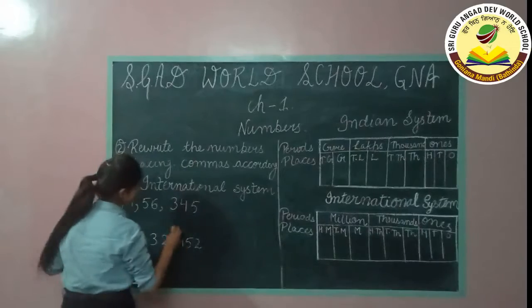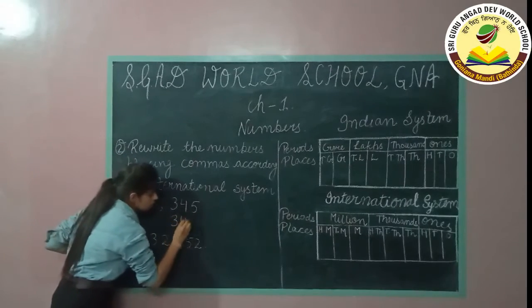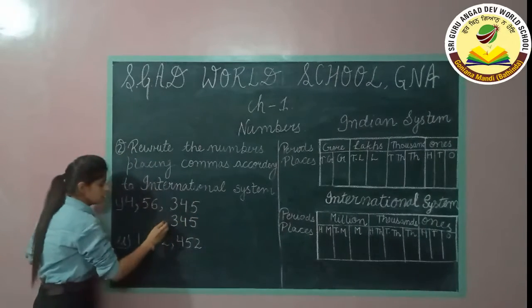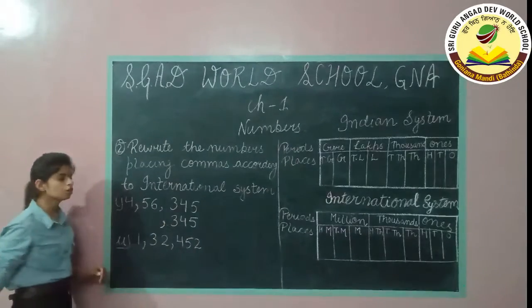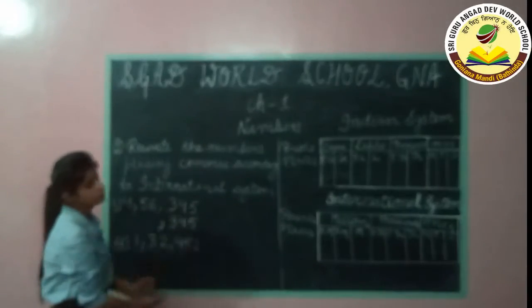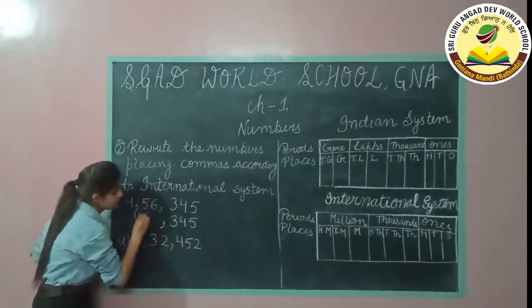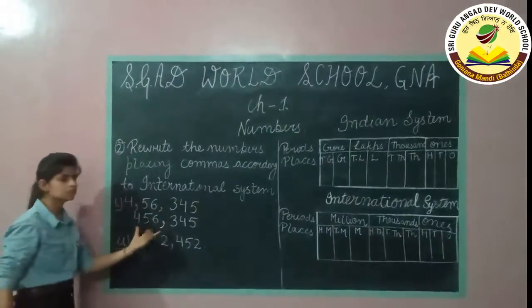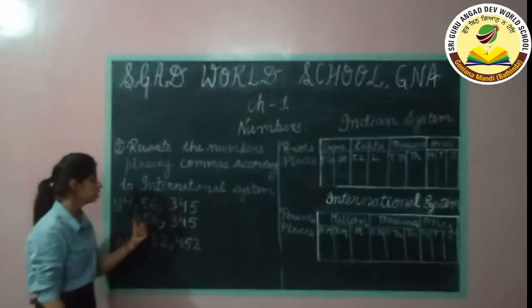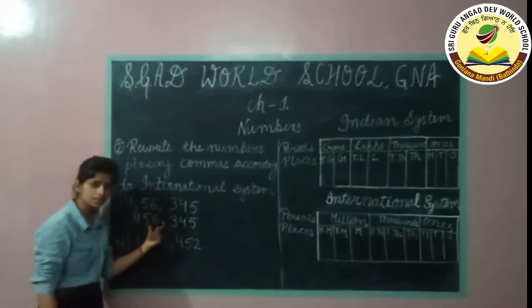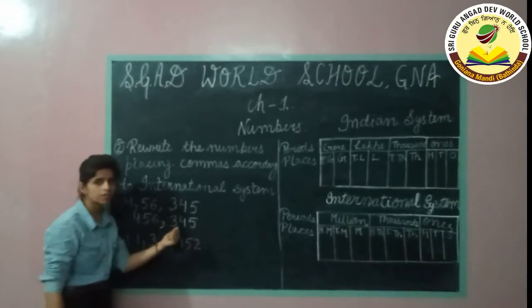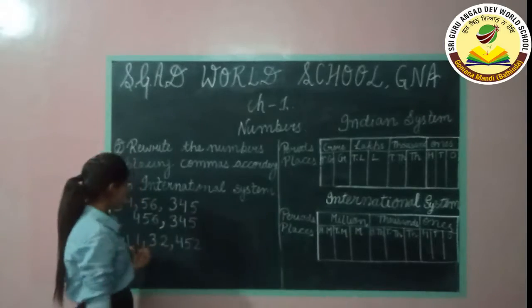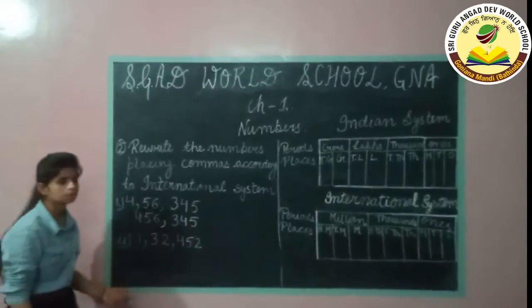According to this, 3 digits, then placing the comma. And in the second period there are also 3 digits, 4, 5, 6. In the international system, we read it as 456,345.